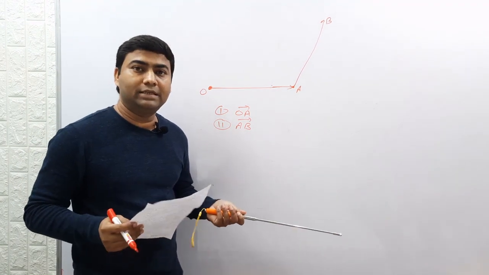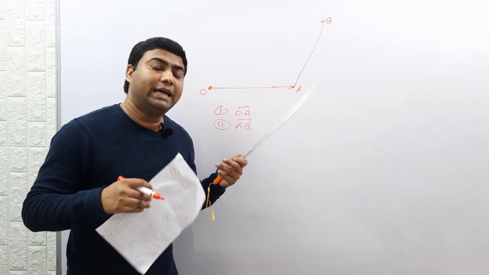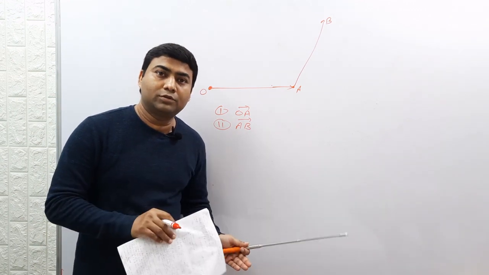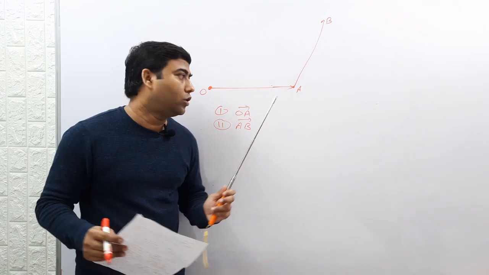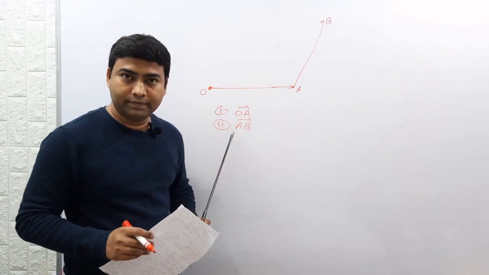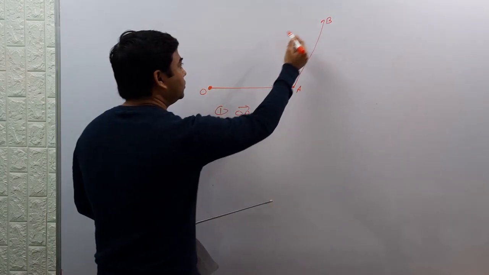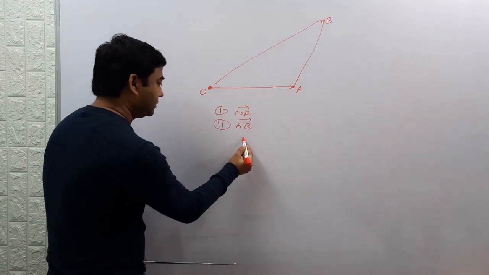What do we mean by resultant? The resultant vector should be that displacement which has an equal physical effect to both these two vectors. So we know the final displacement from O to B is this, OB.